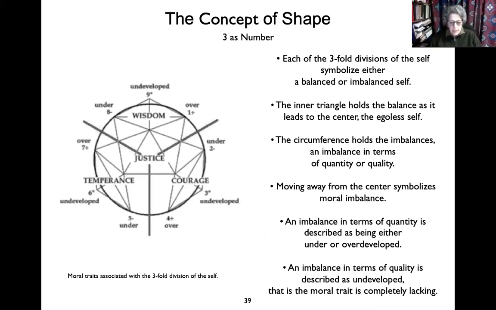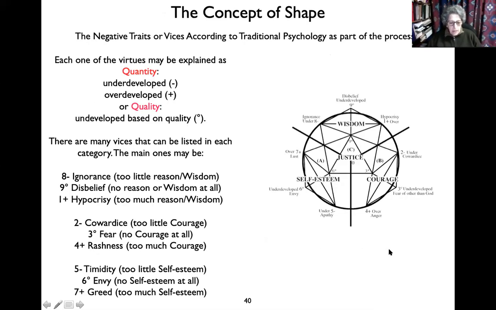Moving away from the center symbolizes moral imbalance. An imbalance in terms of quality is described as being undeveloped, that is exactly the moral trait being completely lacking. So this again shows the number 3 on the Sufi Enneagram.